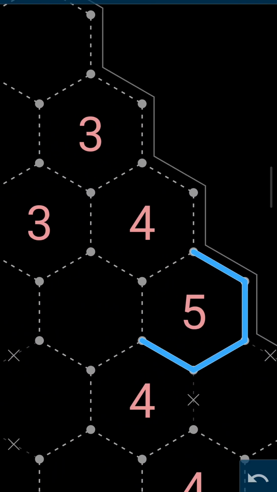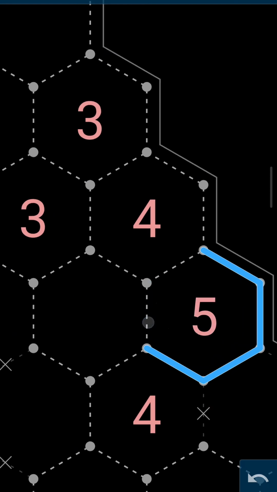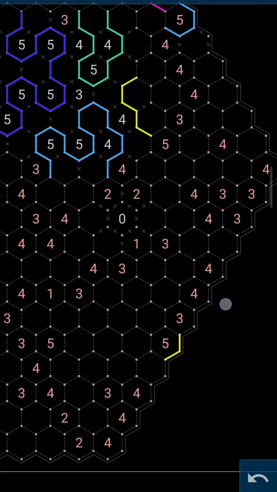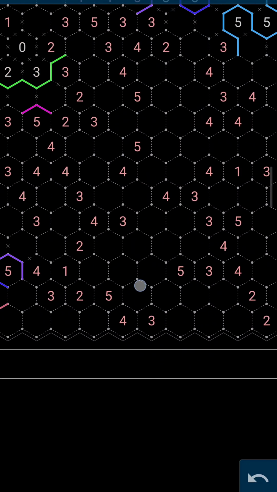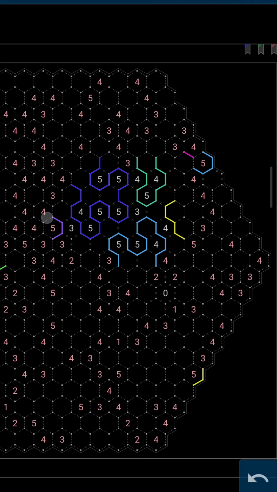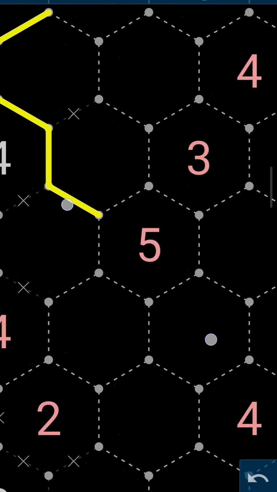Now, the next thing to know, when you have 4 lines like this, is that you either have a line here or a line here, which means this line pointing outwards must always be filled. Okay, do we have any other cases like this? I seem to remember there weren't that many 5s around the edge of this puzzle. But we can look at this 5.